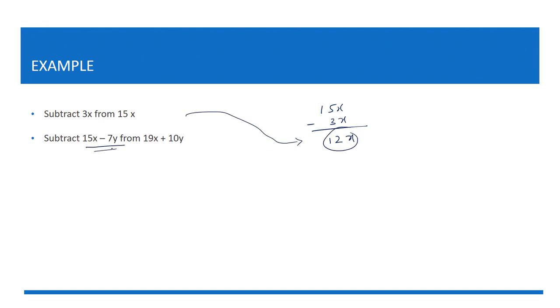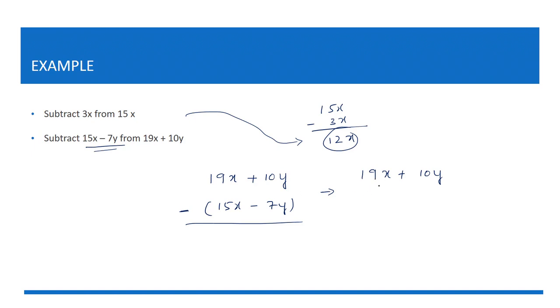Now let us take a second example. Subtract 15x minus 7y from 19x plus 10y. So we have 19x plus 10y, and we need to subtract 15x minus 7y. When you subtract, the signs are reversed.